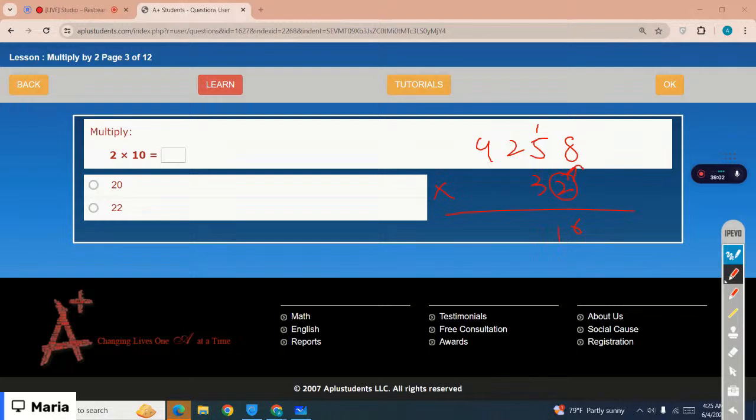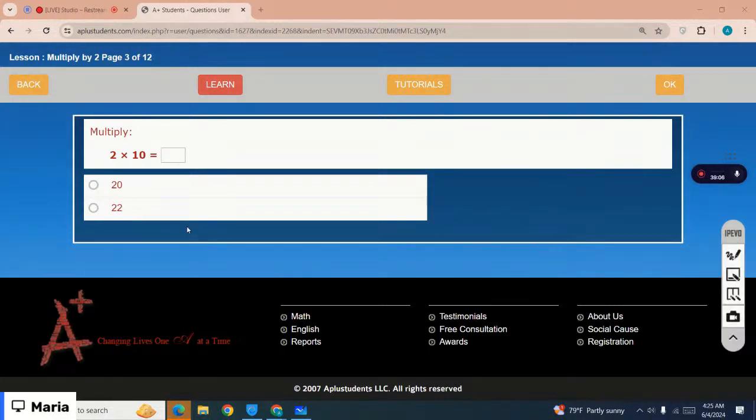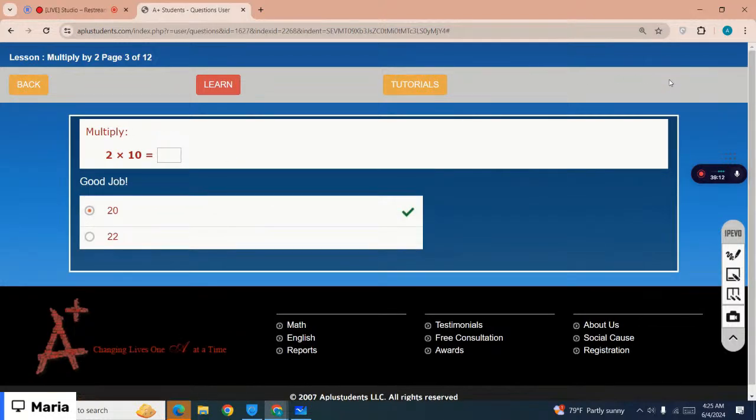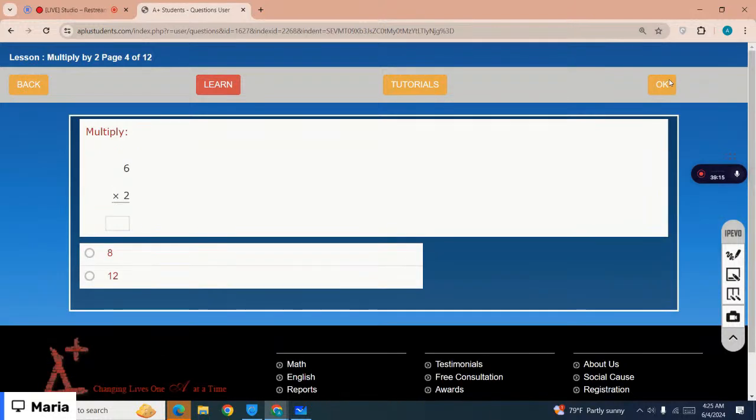Let's just start with the next example. 2 times 10 is 20. So it doesn't matter how big the number is, you have to multiply. 2 times 6 is 12.